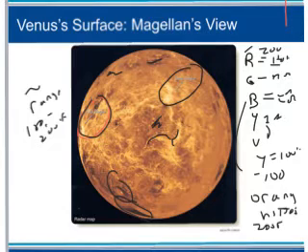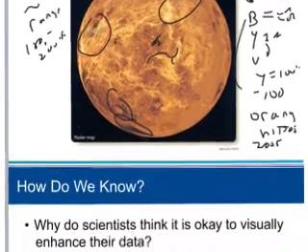Same thing with uneven terrain or pretty smooth terrain, it doesn't show up all that well. But again, the Magellan spacecraft really helped to characterize what the surface of Venus actually looks like.